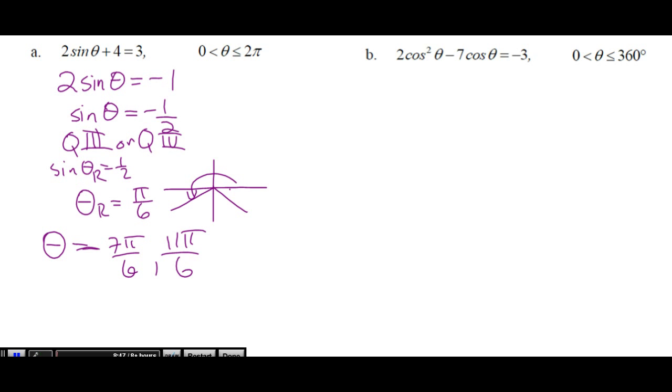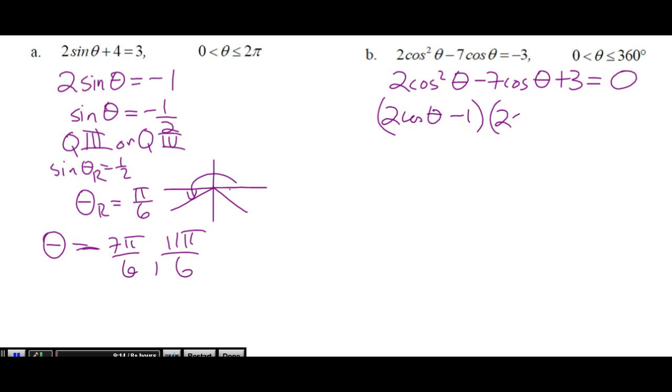Okay. 2 cos squared theta minus 7 cos theta equals negative 3. Okay, so you go, it's a quadratic in cos theta. So to solve a quadratic, I have to set it equal to 0. Then we have to factor. It's almost like the one we did, but I think it's a little different.